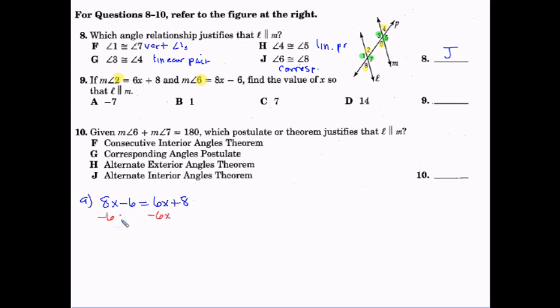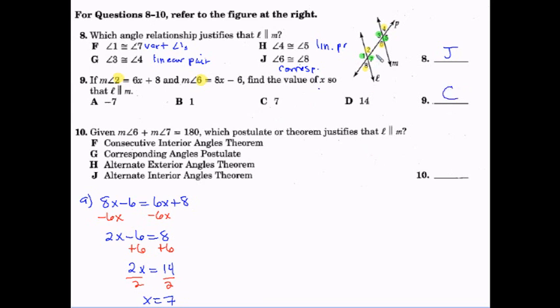Subtract 6x from both sides, and that gives us 2x minus 6 is equal to 8. Add 6 to both sides, and that gives us that 2x is equal to 14. Divide by 2, and that gives us that x is equal to 7. And I want to just double check, they did say find x, so I don't have another step, so my answer is C.